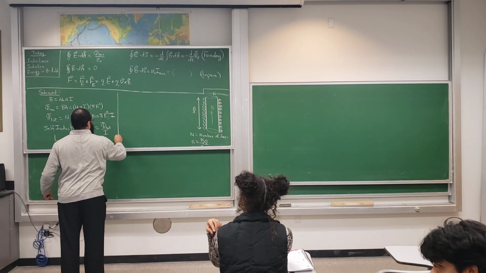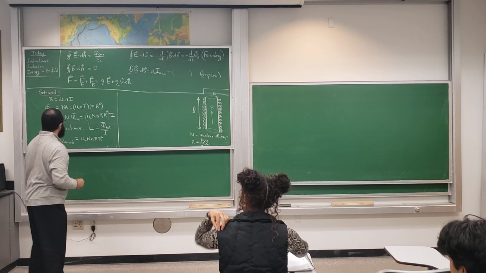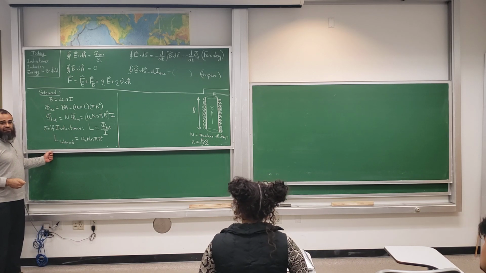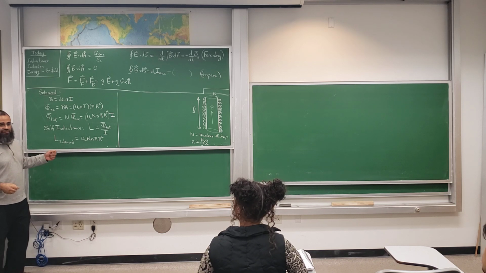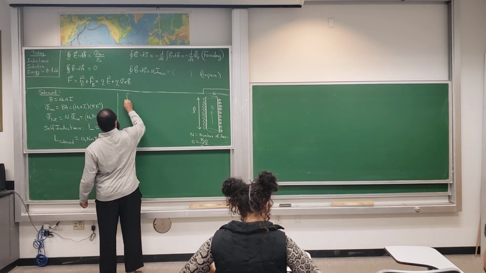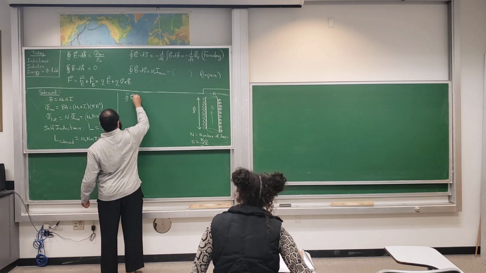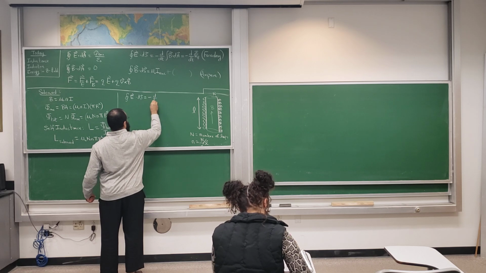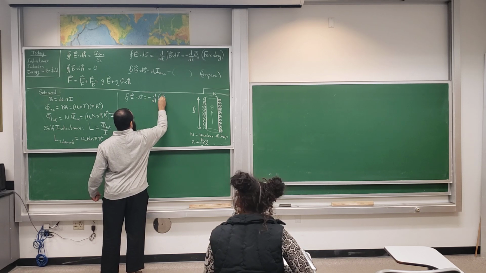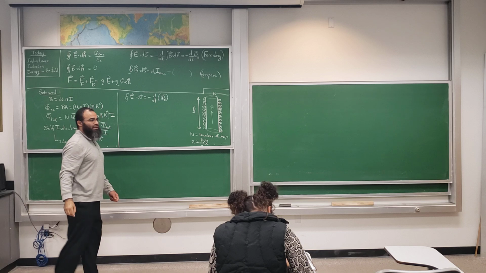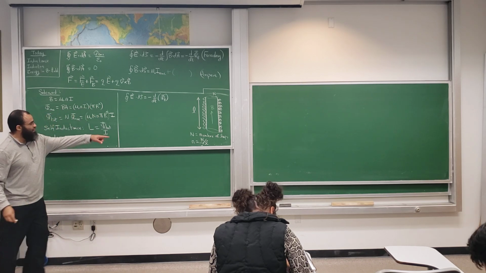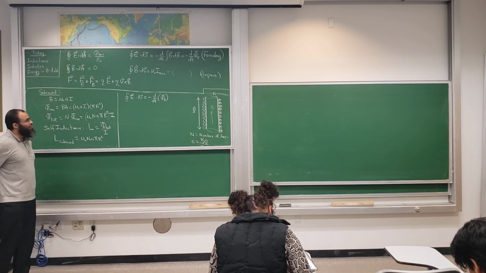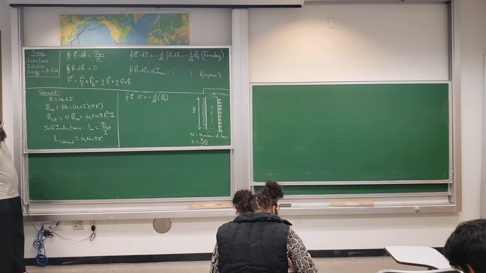Now, we can rewrite Faraday's law in terms of this inductance. Here is how we do it. The integral of E dot ds equals minus d dt of the magnetic flux, the total number of loops. So that small n is density.